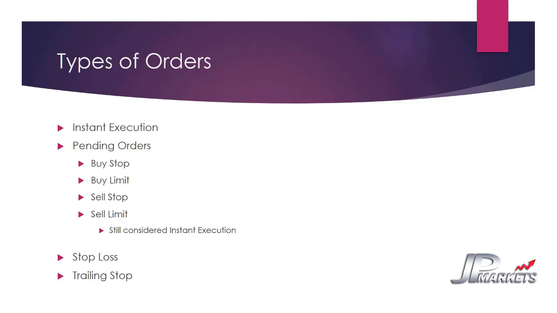The other type of pending order is a stop entry order. For example, the buy stop or sell stop. This order works in reverse to the limit entry, where you will buy above the market or sell below the market at a certain price. This is generally used when you believe that if the market hits a certain price, it will continue in that direction. So let's say the market is on 1.695. There is a nice trend forming upwards, but you're not convinced yet.